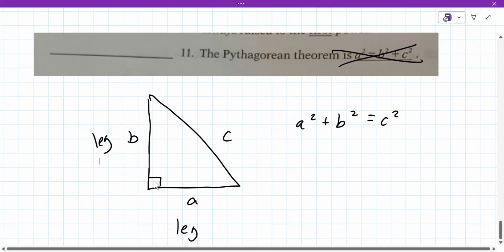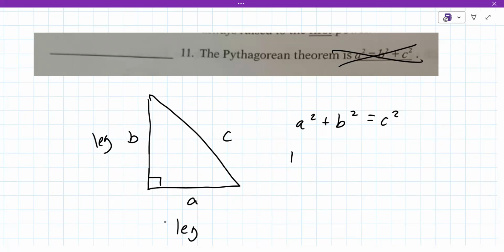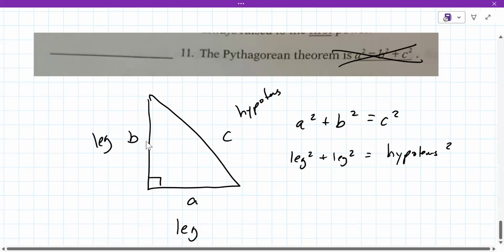The vertex here is the center. So think of it as leg squared plus leg squared equals c, the hypotenuse, squared. These letters a and b on the legs are standard. You're going to see that all over the place in this course and your next one. Same with c on the hypotenuse.